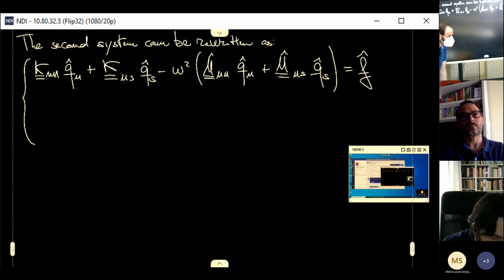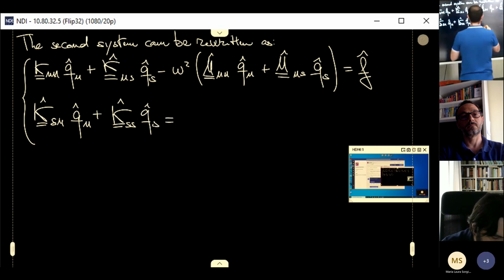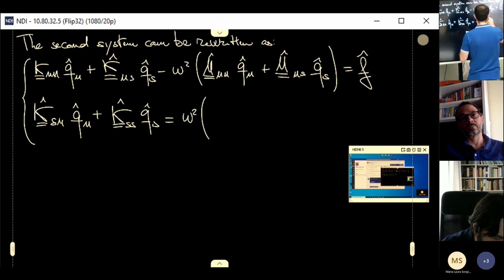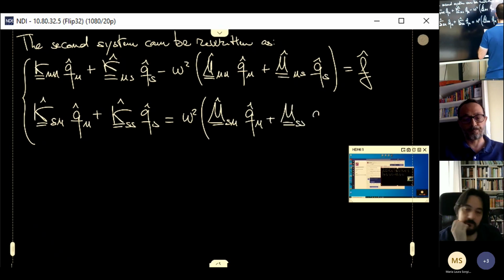The same goes for the second row. So we have K_SM over hat Q_M plus K_SS Q_S equal to omega squared times M_SM Q_M plus M_SS Q_S.